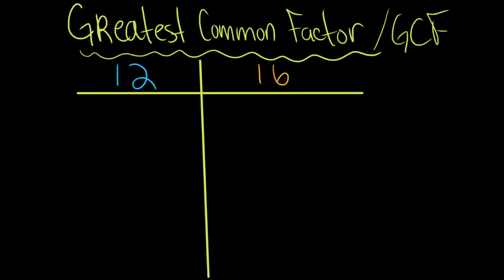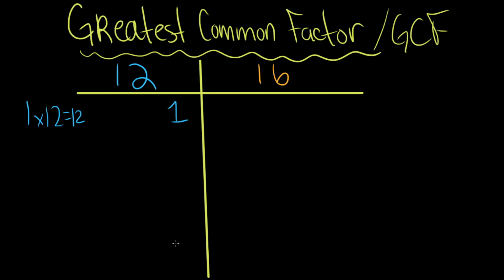So in order to figure that out, we have to find the factors of each of these numbers. So let's start right here with 12. What numbers multiply to 12? Well, the one that we can always start with is 1. And 1 times 12 is 12. So we know that 1 is a factor of 12.